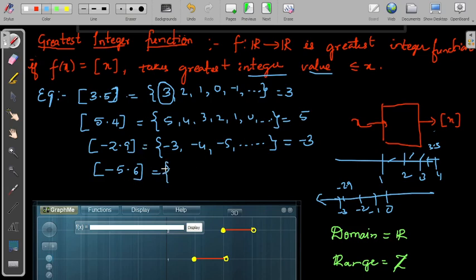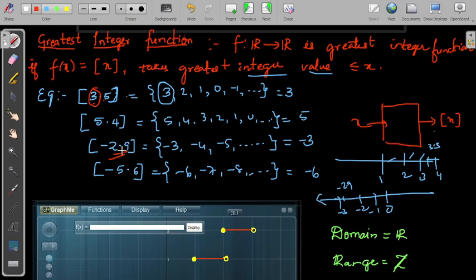Suppose minus 5.6: move towards the left, that is minus 6, minus 7, minus 8 and so on, and the greatest among all these is minus 6. So you can conclude, when a number is positive, its integral part itself is the greatest integer: 3.5 gives 3, 5.4 gives 5. When a number is negative, the greatest integer of that number is the first integer which comes to the left of the given real number.